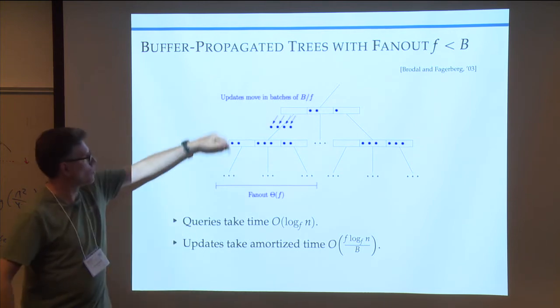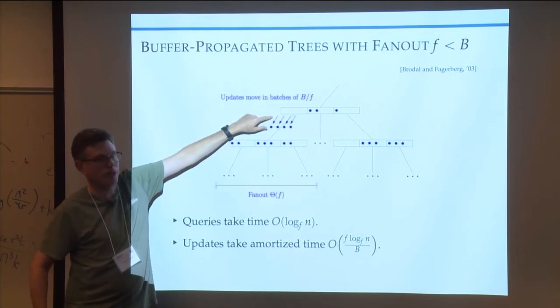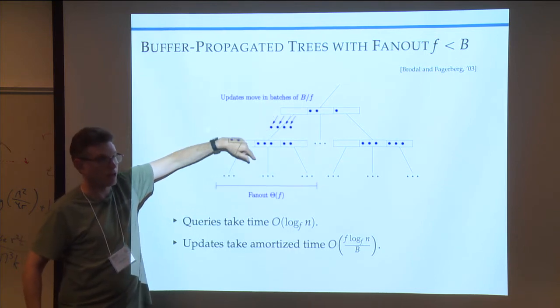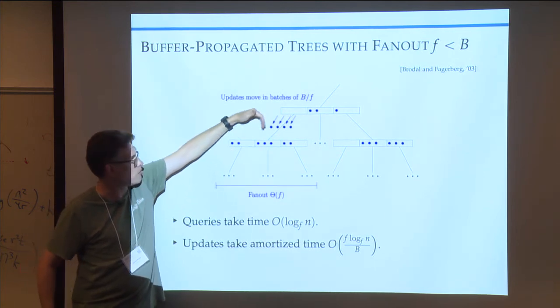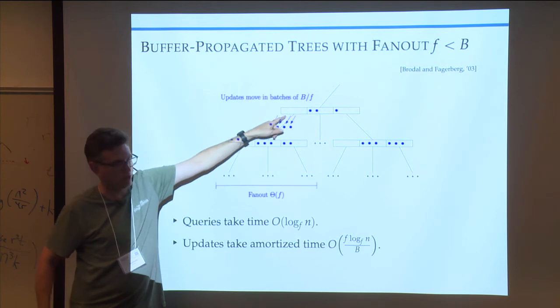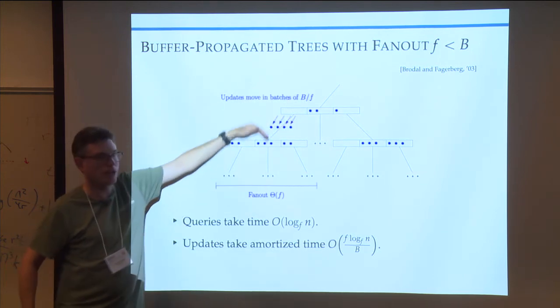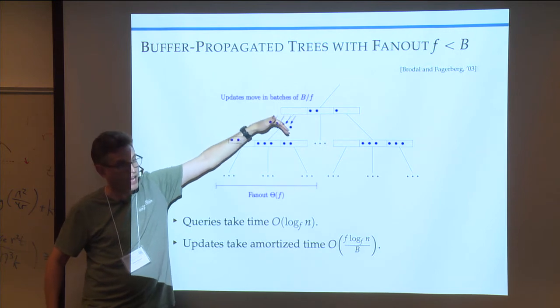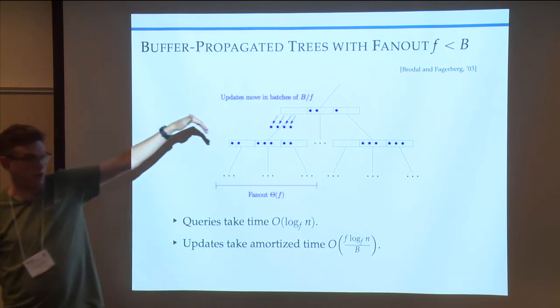What you're actually inserting is messages, because I could insert an element, delete the element, insert it again, update its value, and do this over and over. So you could have the same key on every single level of the tree, but it's the highest buffer that contains the information that you actually want.